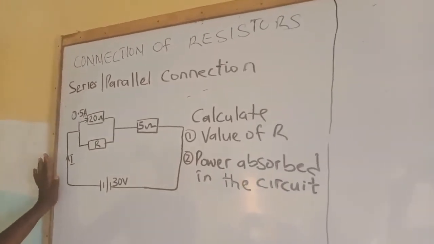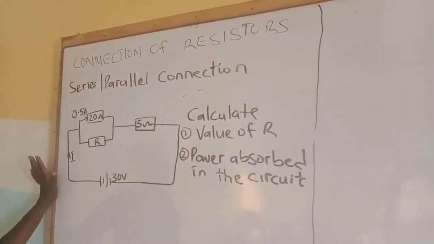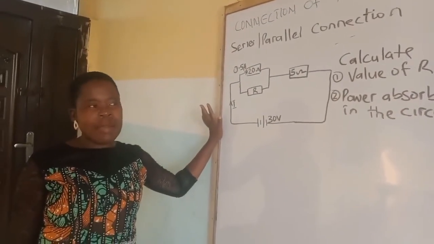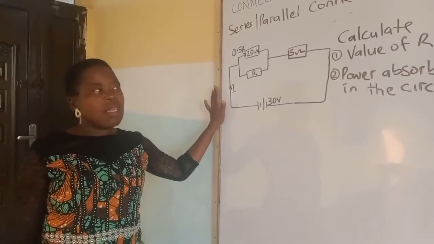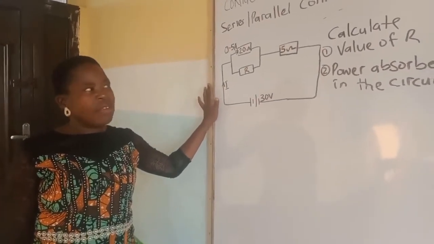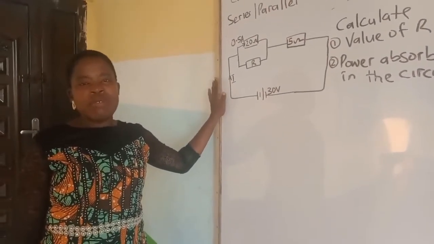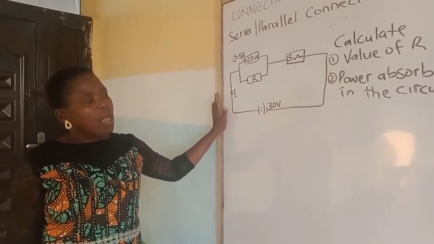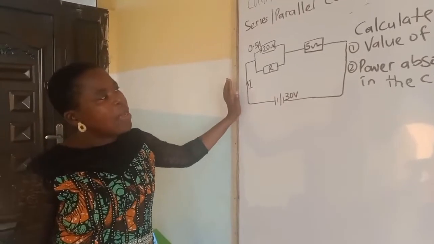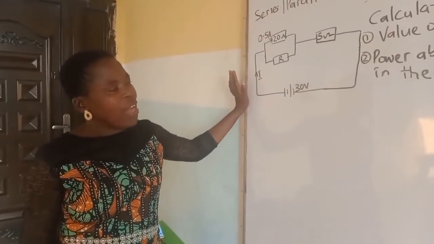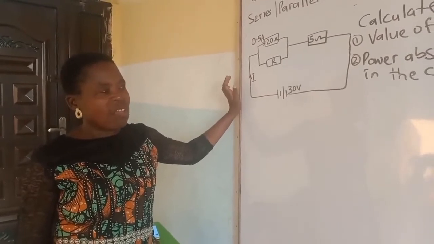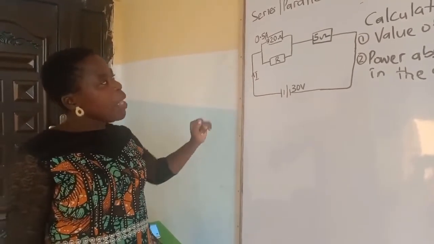We want to calculate some values that will bring us to the knowledge of how to calculate power in this circuit, the application of current divider rule and voltage divider rule, which we have learned in the past. According to our Ohm's law, the voltage applied is directly proportional to the current and inversely proportional to the resistance. All this will still be used here.